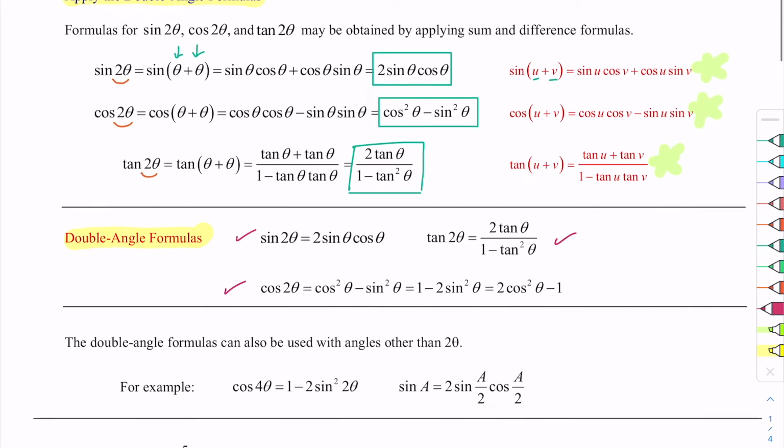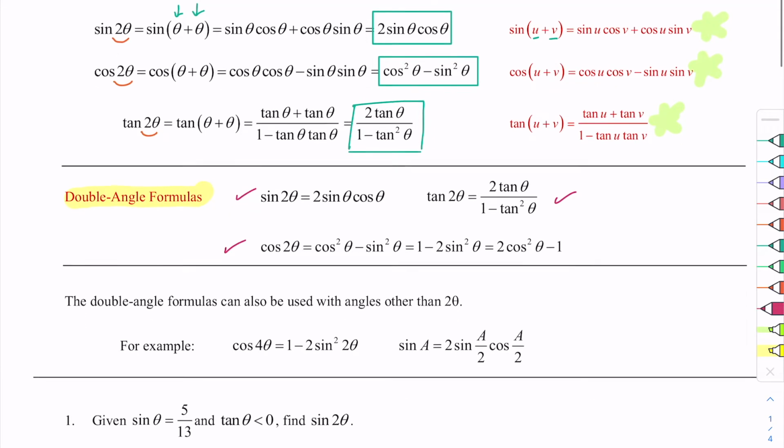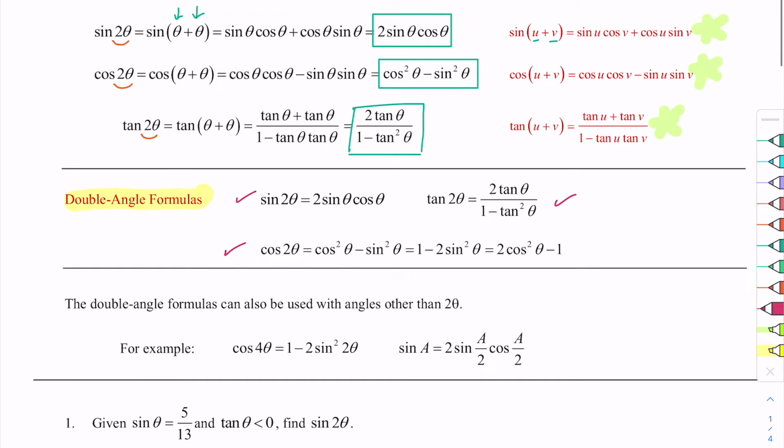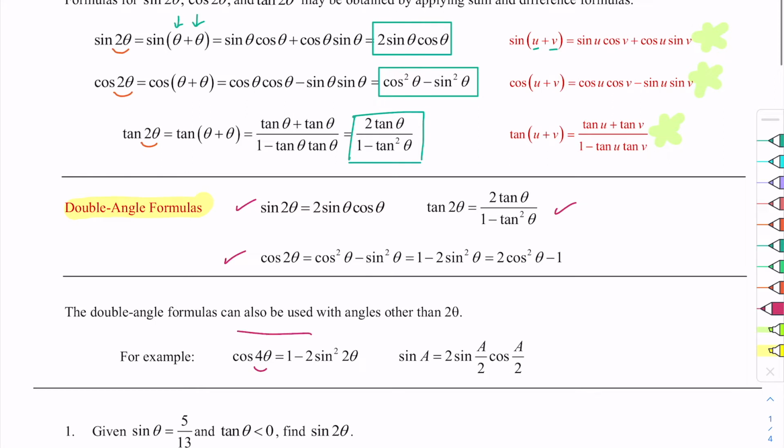Now the double angle formulas can also be used with angles other than twice an angle. For example, we could have the cosine of 4 theta, and that is actually equal to 1 minus 2 sine squared of 2 theta.